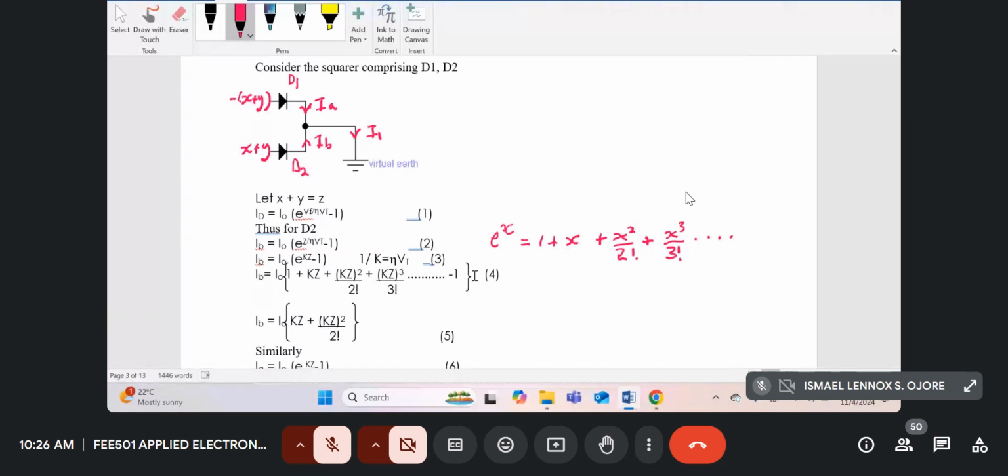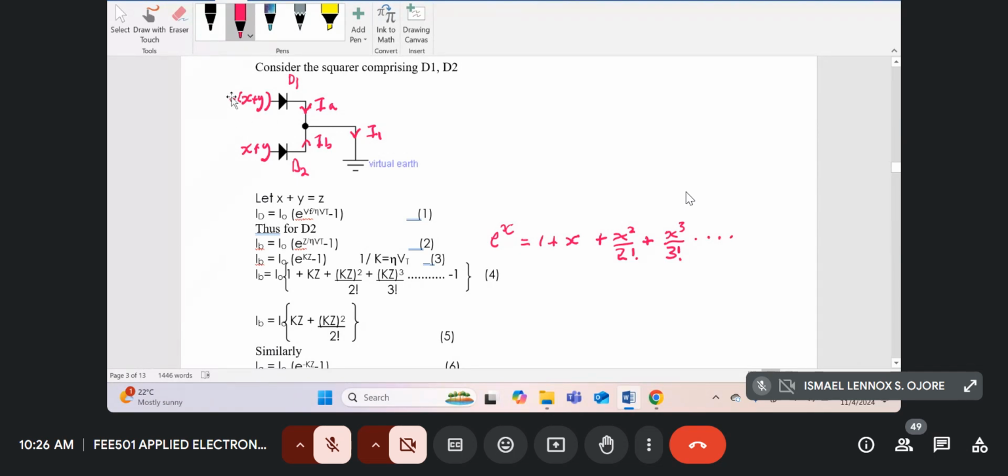These diodes are actually going to be performing the squaring, as we shall see. That's why I've said consider the squarer comprising D1 and D2. Of course, as of now, I've not yet proved that it squares. But let's continue.